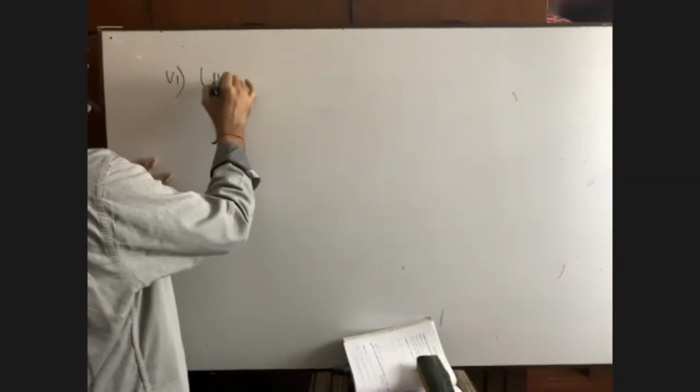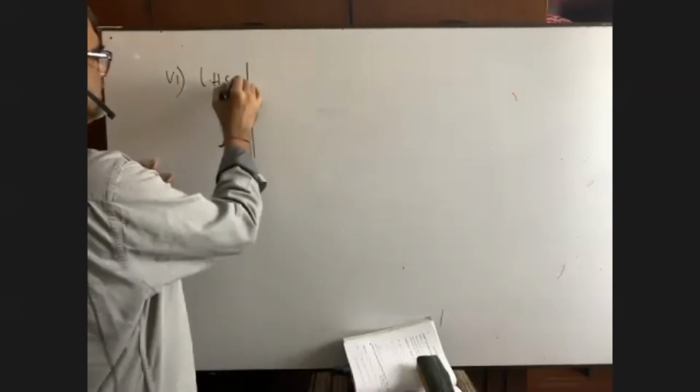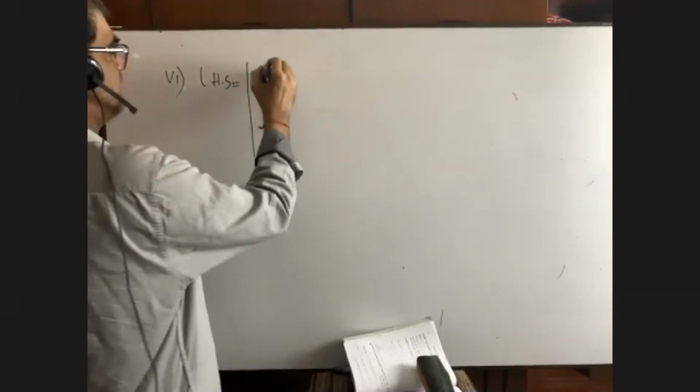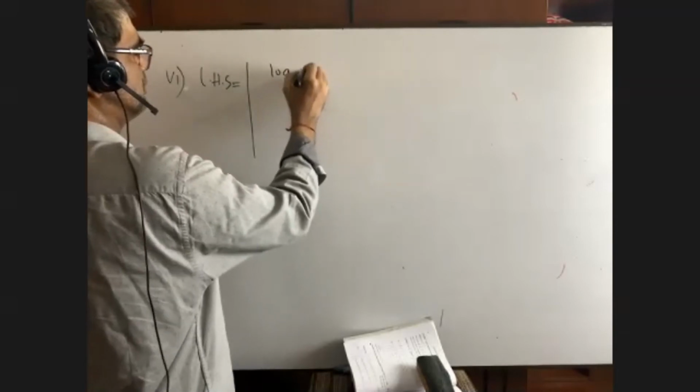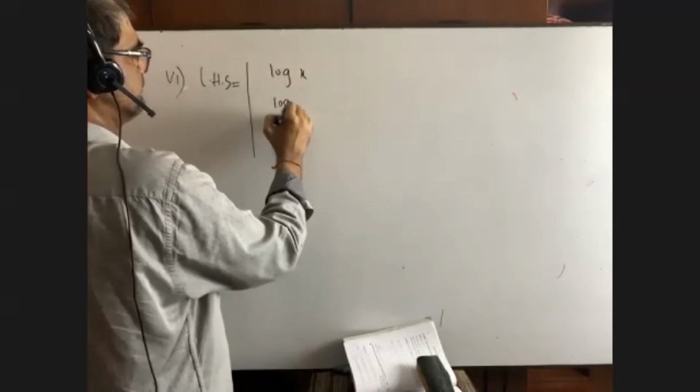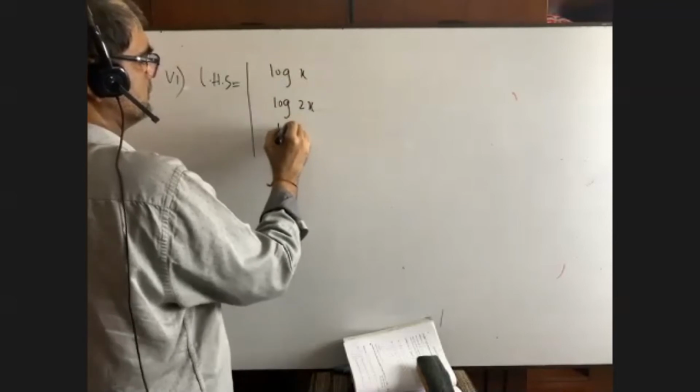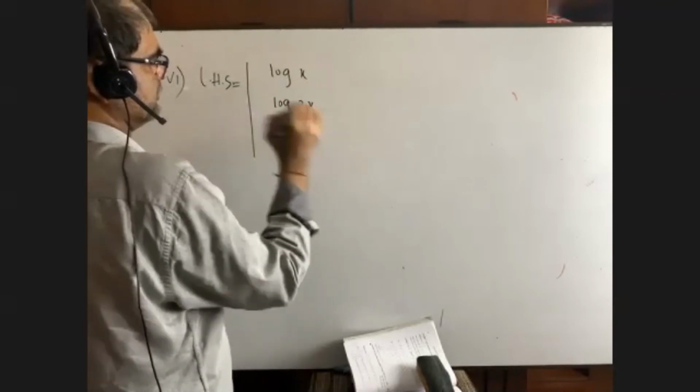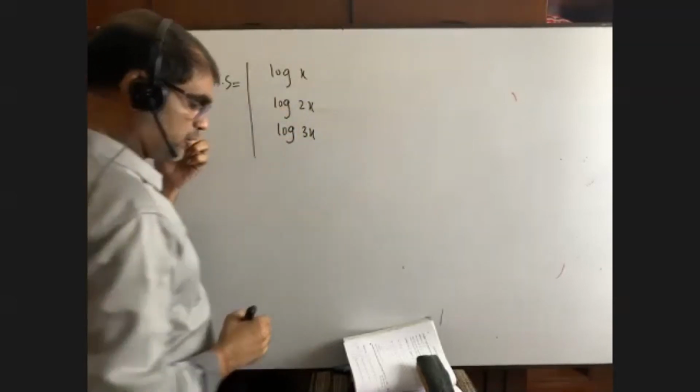Question number 6. It is the easiest one, left hand side, that you did in class 9 and 10. This math, left hand side is equal to log x, log 2x, log 3x. Oh my god, very easy and simple. Now it is for y and z.